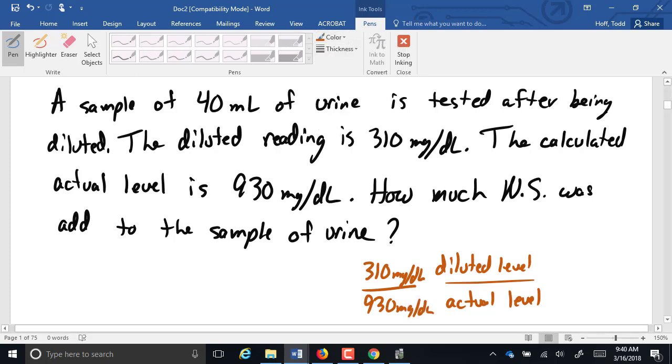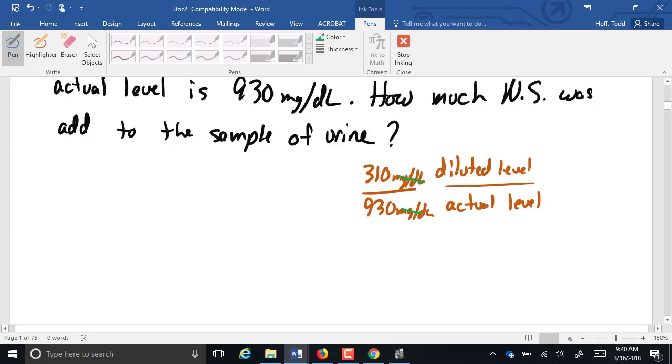That can be reduced. Milligrams per deciliter cancels out. Both of those divide by 310, which gives us a 1 in 3. That is a dilution.